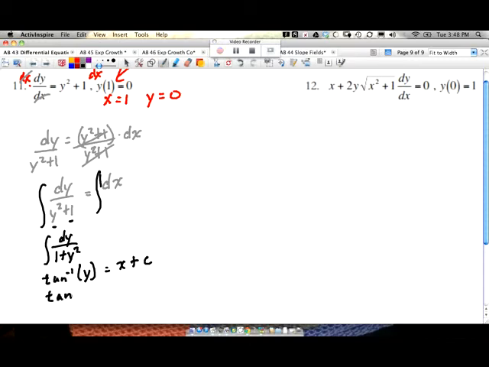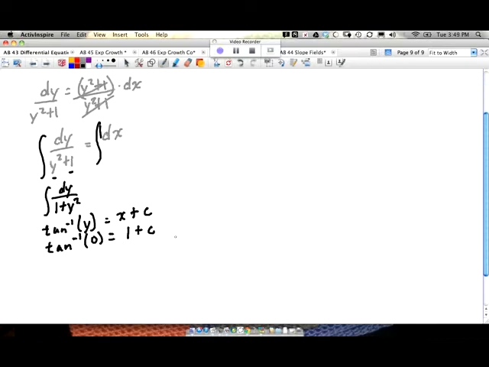So y equals 0, so I need to have tangent inverse of 0 equals 1 plus c. So when does tangent inverse of 0 even happen? Well, when does tangent equal 0? That's really the question.